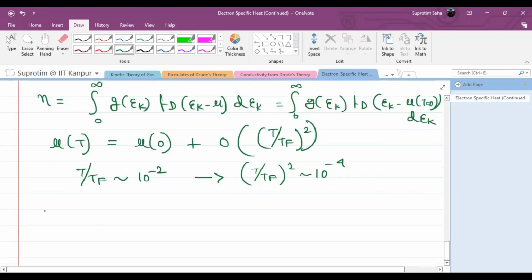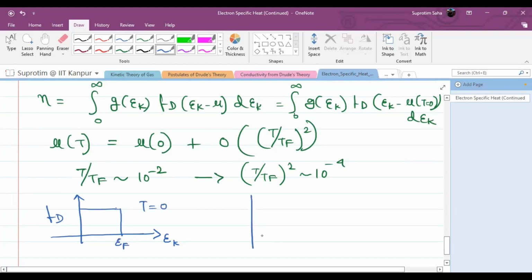All right. So now the physical picture is like this. This is Fermi Dirac. This is your Ek. This is 1 till the Fermi energy EF. So this is at T equals 0.